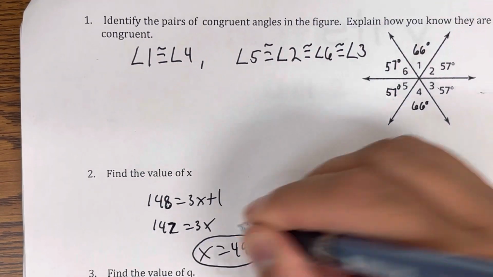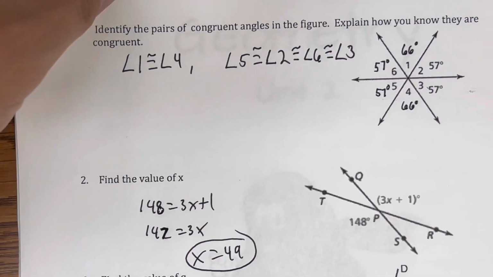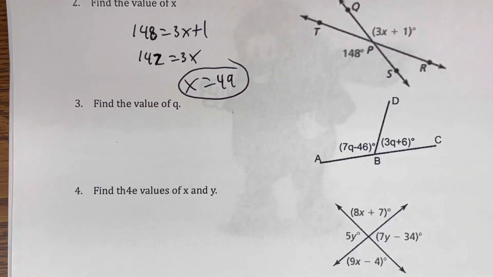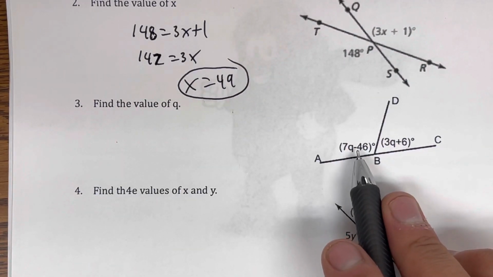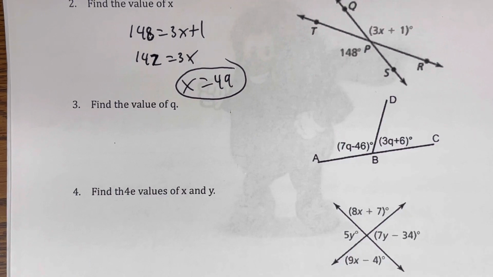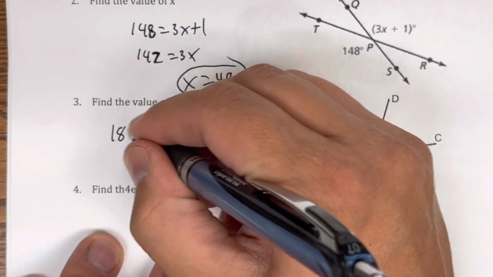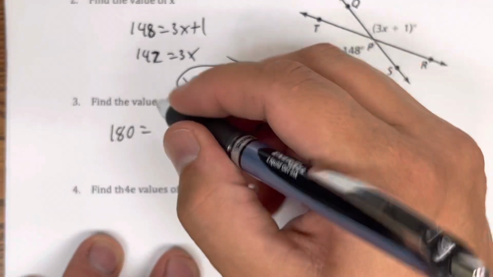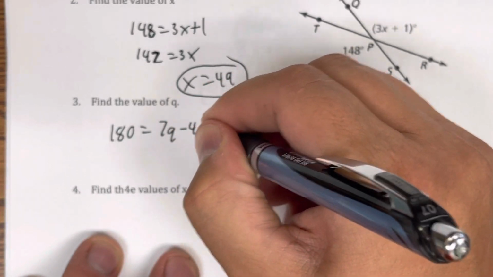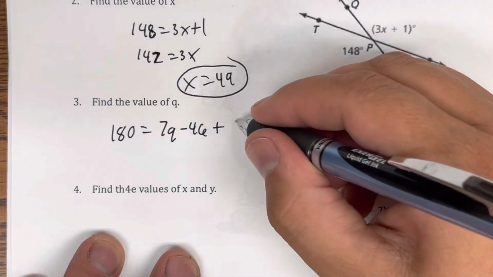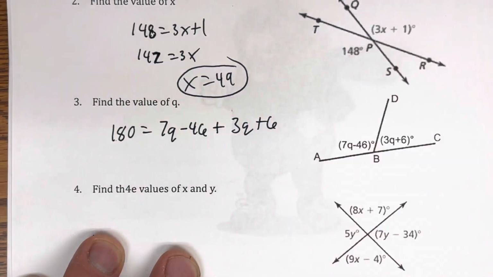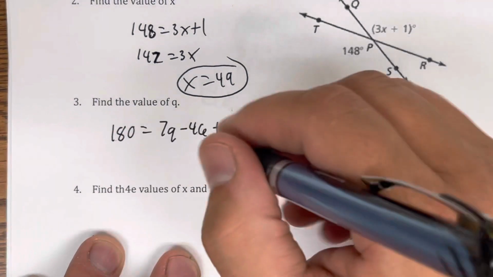And we got it. Next, find the value of q. So looking at the diagram, I see a straight line. I can assume it's a straight line, so these two angles have to add up to 180 degrees. So 180 equals 7q minus 46 plus 3q plus 6. And then we will solve. Combine like terms. 10q.